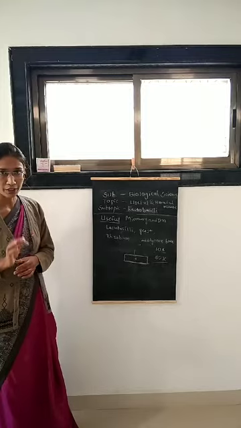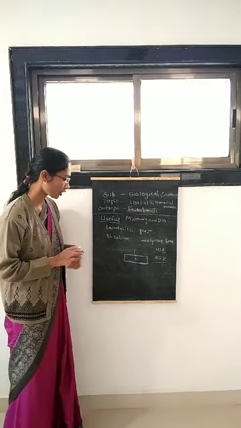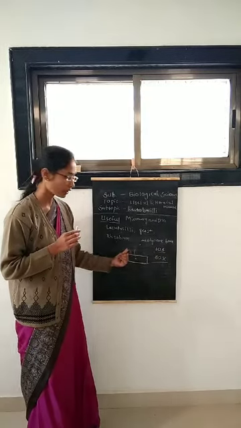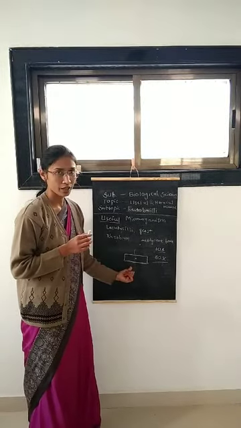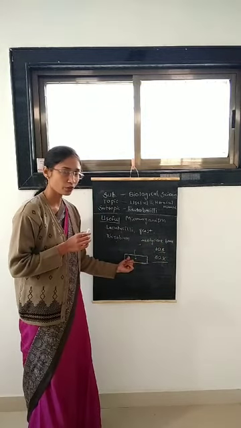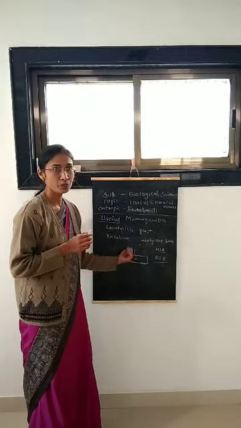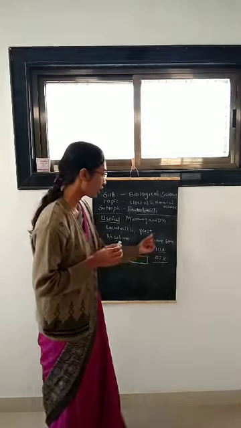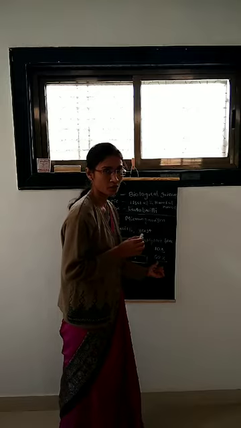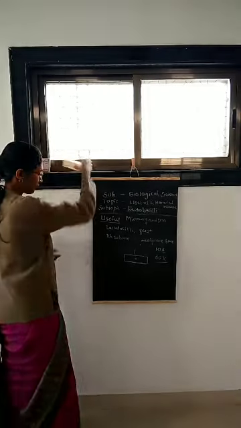Then there is one activity in which you have to take one glass slide, then put a drop of fresh buttermilk on it, then stain that drop with methylene blue, then put a cover slip on it and observe the slide firstly under 10x objective of a compound microscope, then 60x.